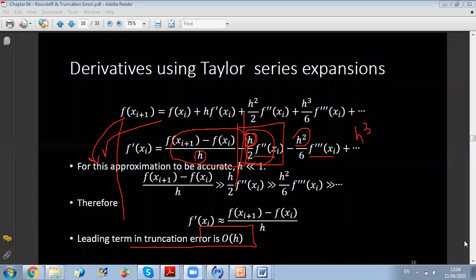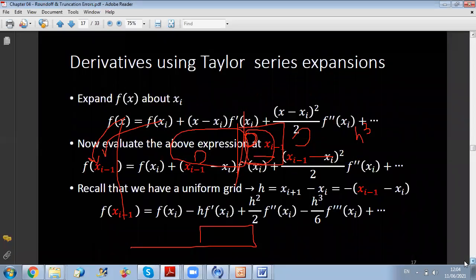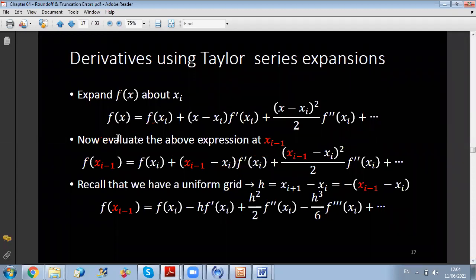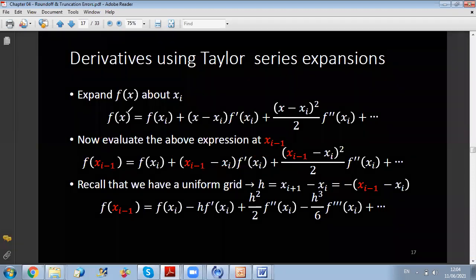And we followed the same procedure to determine the expression of the backward derivative. In this case, also same method. First, we write the general expansion of f(x) about xi. After that we replaced x in this expression by xi minus 1.